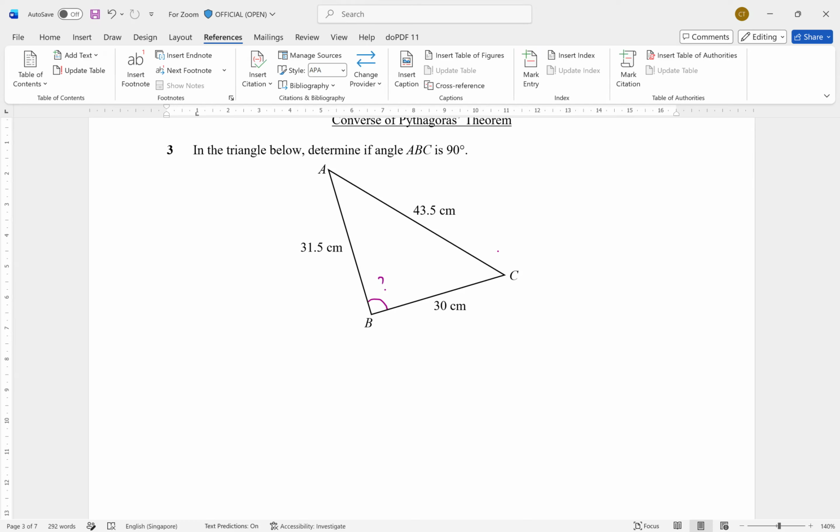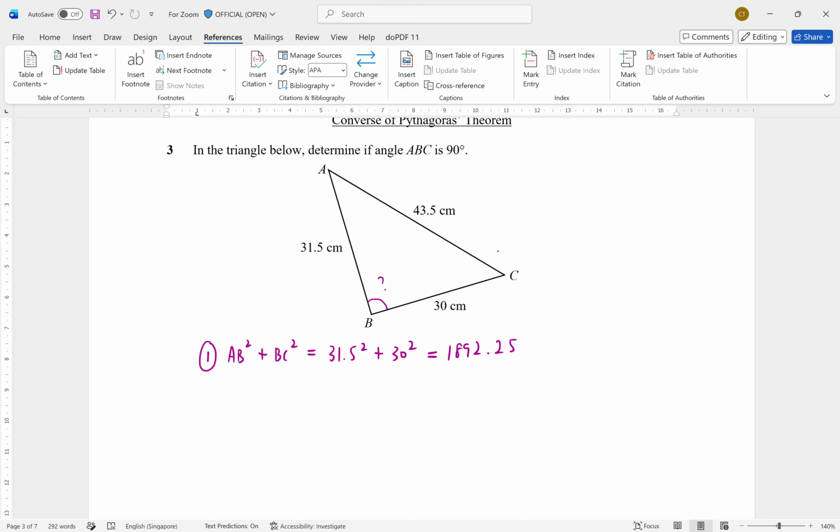For this kind of question, it's very important to write your working in two separate lines. The first line, we're going to find the sum of the squares of AB squared and BC squared. We add them together, and that will give you 1892.25.